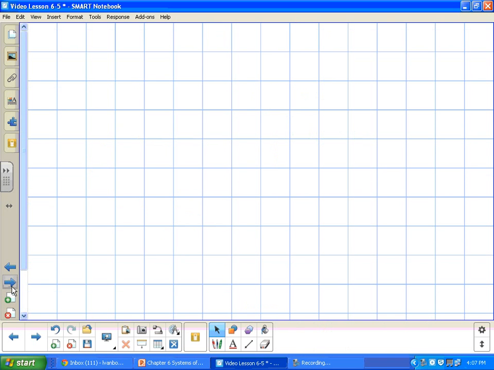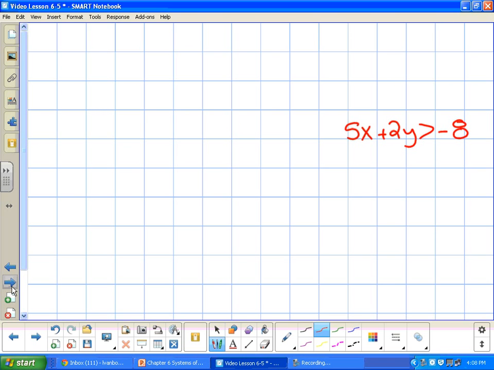So my second example, 5x plus 2y is greater than -8. Step 1, I'm going to solve for y and put it in slope-intercept form.